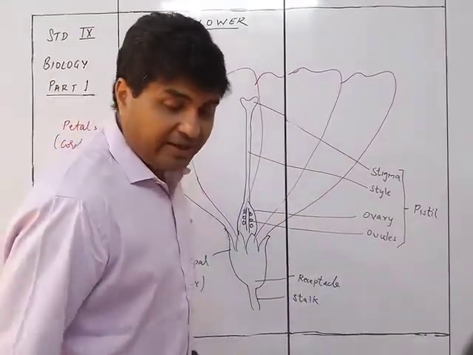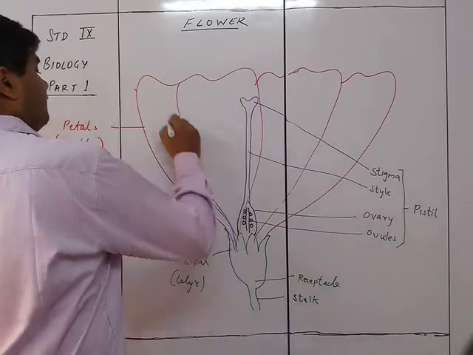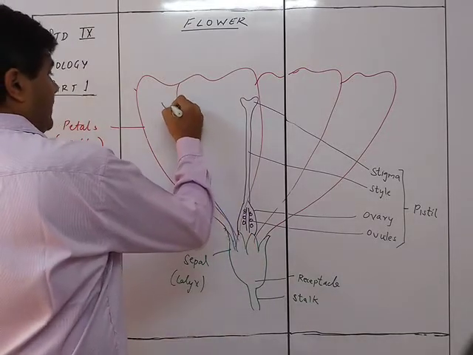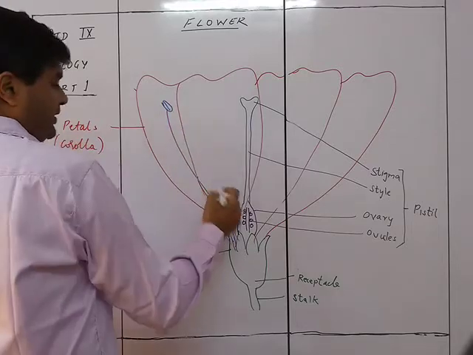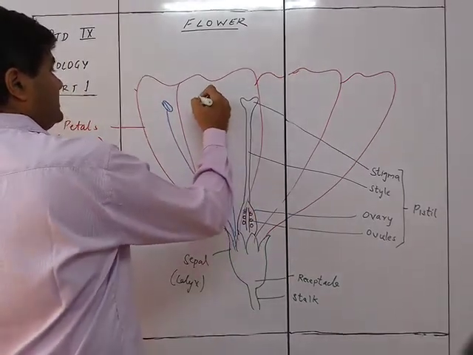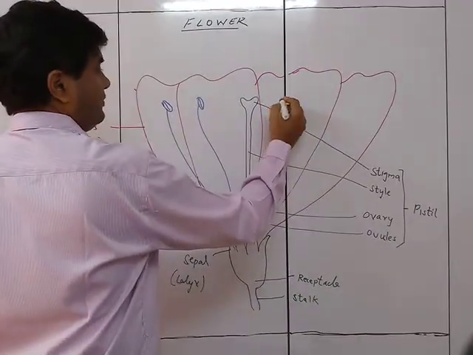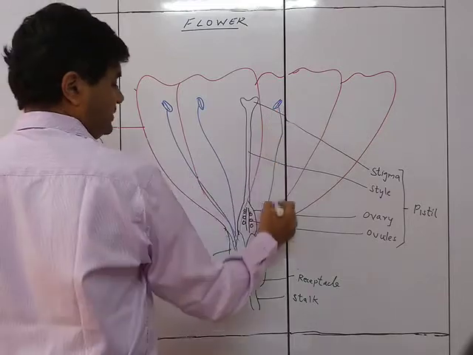The next one we see is the male part. The male part consists of such filaments with a bilobed structure on top of them called the anther.